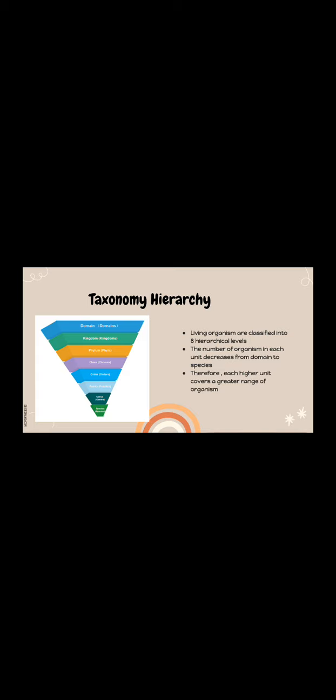Phylum is further divided into class, while class is divided into order. By using the same method, order is divided into family, family is divided into genus, and genus is divided into species. A species is the smallest group used to classify organisms. Therefore, each higher unit covers a greater range of organisms.